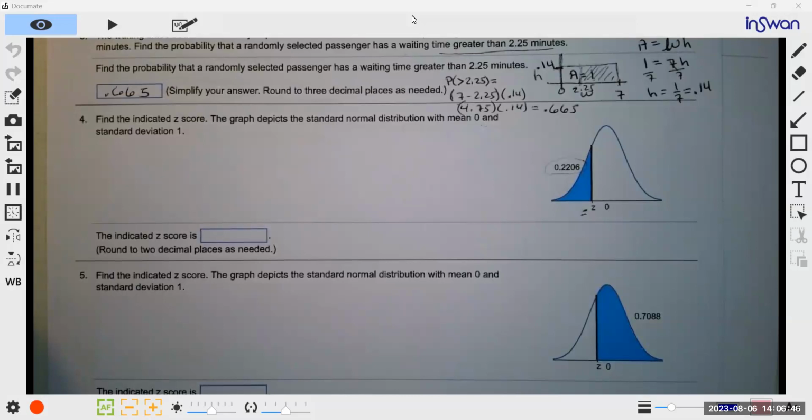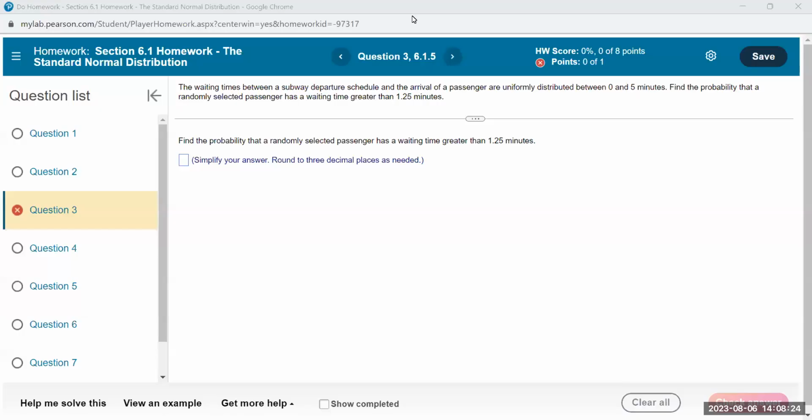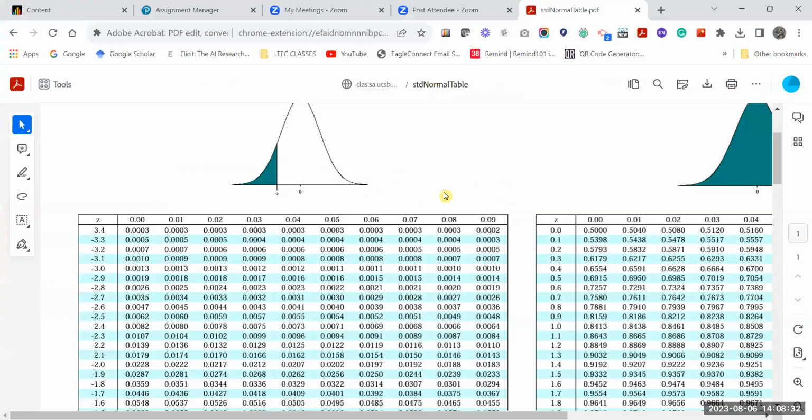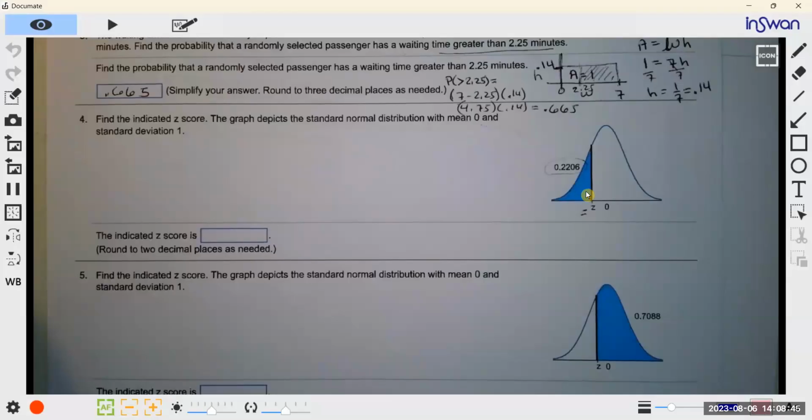All right, so here we have the z chart. We want to know the area to the left of that.